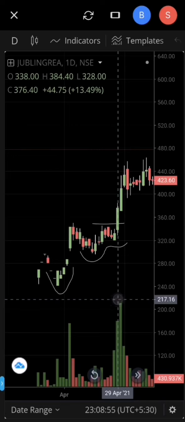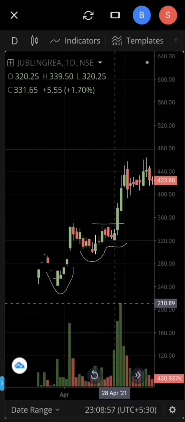Then again it pushed price down to 320. So here we are seeing that there is a contraction in volatility, and this is what we are expecting. So this is a kind of ideal IPO base we are looking for.